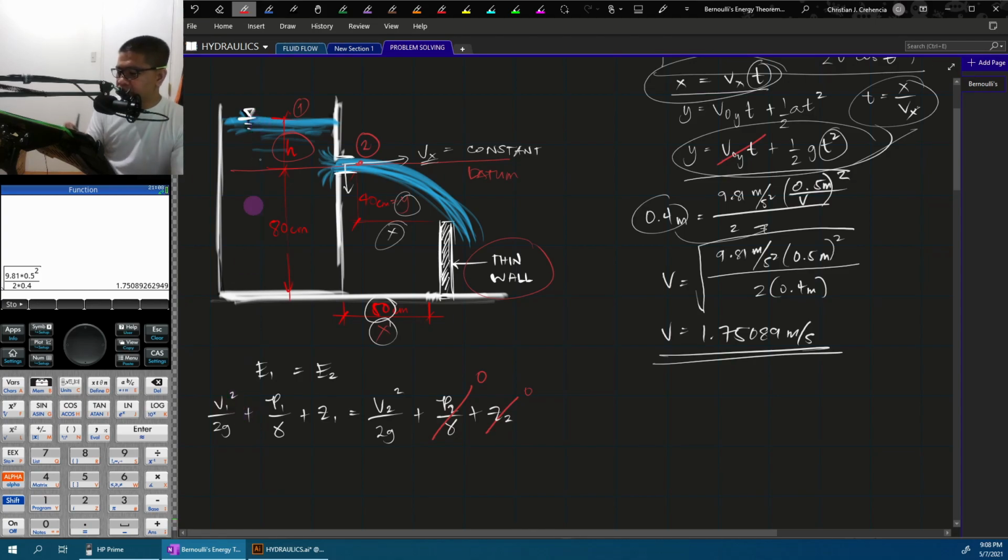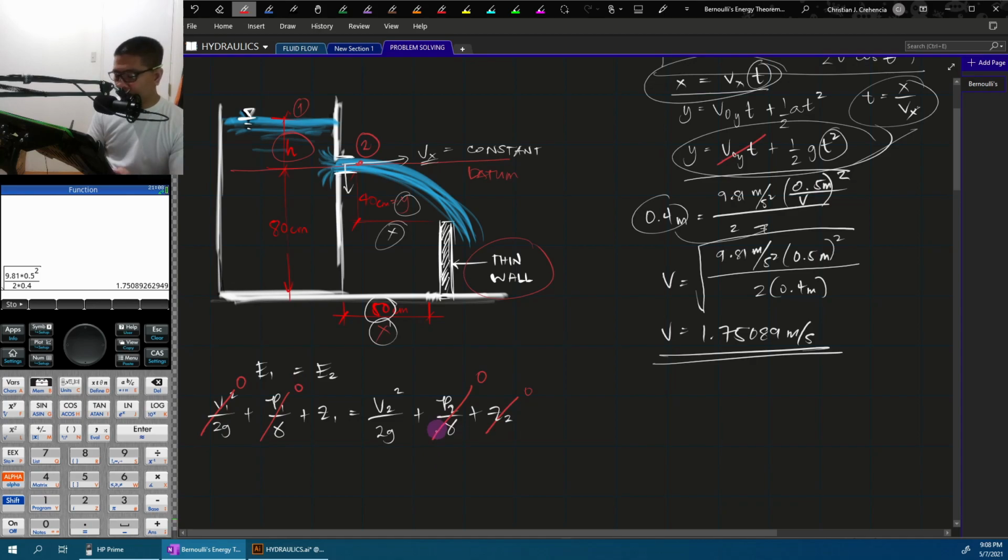So therefore, the velocity at point 1 is negligible. So we can just consider this as 0. The drop is slow compared to the velocity at point 2. Okay, and since point 1 is also exposed to the atmosphere, the pressure at point 1 is also 0.